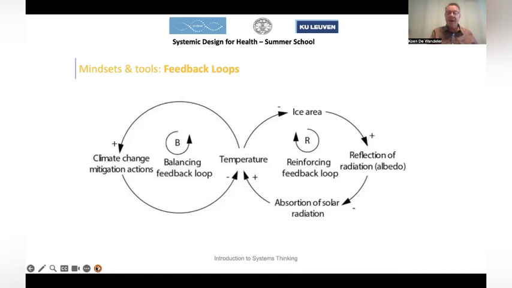If the ice area is reduced, the reflection of radiation becomes smaller, and the absorption of solar radiation is getting more, and that results in rising temperature. So this system is reinforced by the rising temperature.